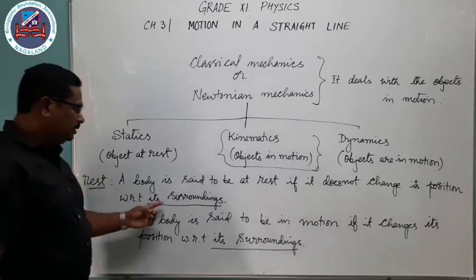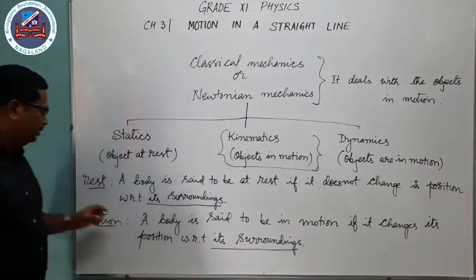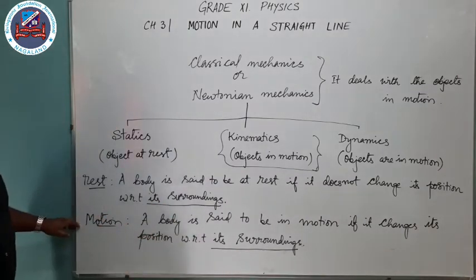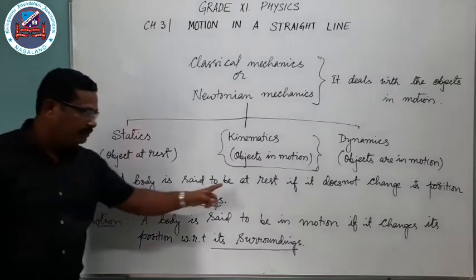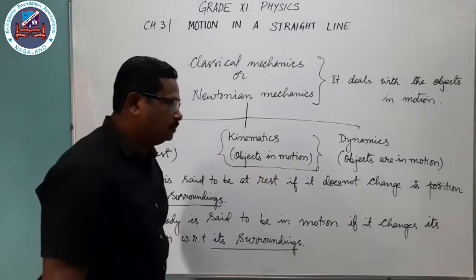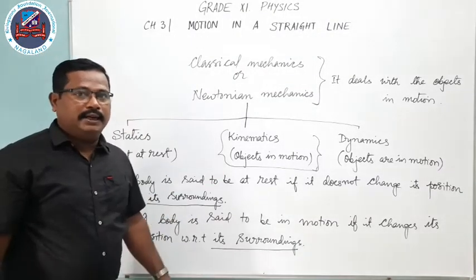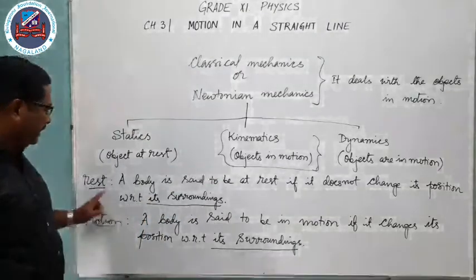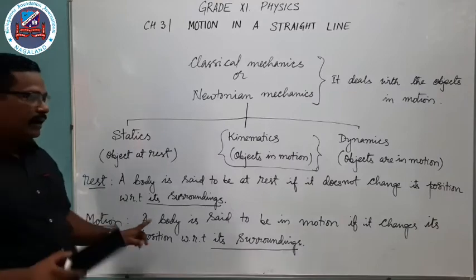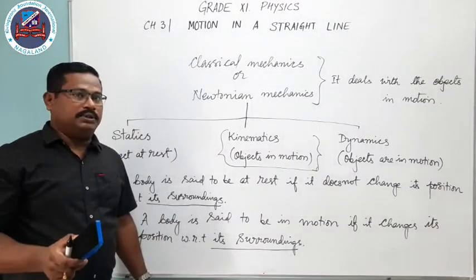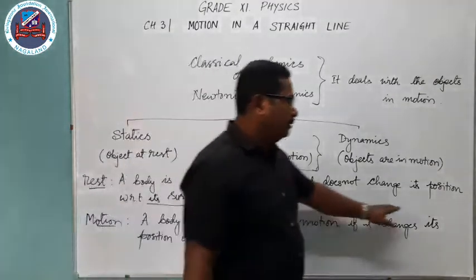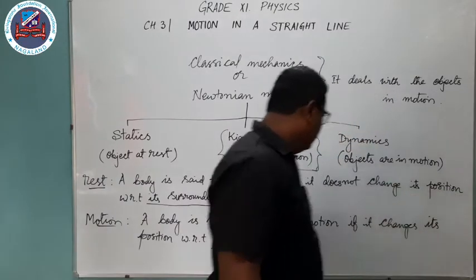Without the help of the surroundings, we cannot define rest and motion. If you simply say a body is at rest if it does not change its position, then the sentence is incomplete, because rest and motion are not absolute terms. If they were absolute terms, then I would have stopped here, even in the second definition.